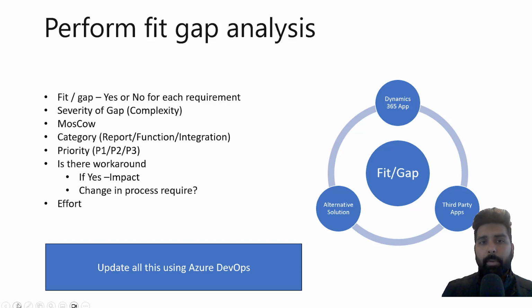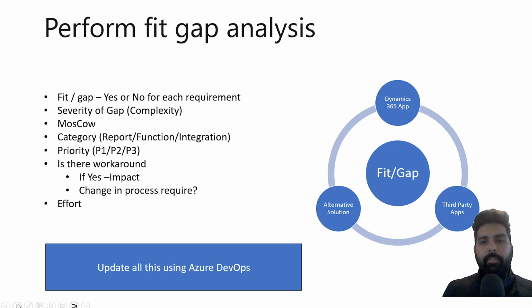So it is very important when you are doing the fit gap analysis, marking and categorizing your requirements as fit or gap, that for all the gaps you define all these attributes. You might have more attributes to capture, depending on your situation and the process or methodology you are following.